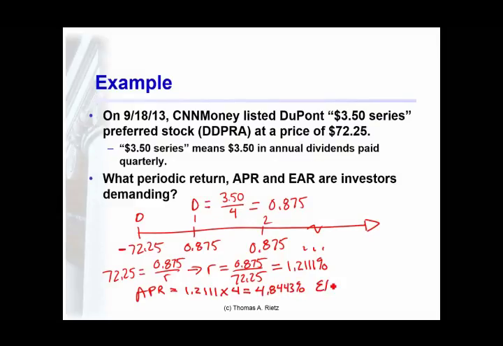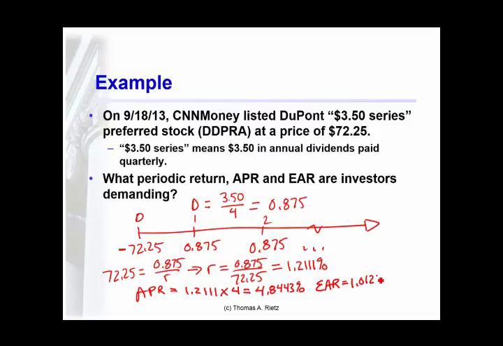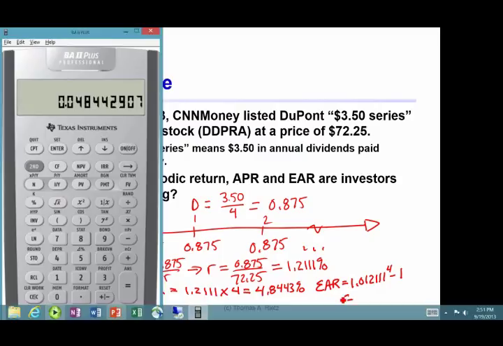And the EAR takes into account compounding 4 times per year. So that's the 1.2111%. So you have to add 1 to it, to the power of 4, the number of periods in a year, minus 1, which gives 4.9330%.